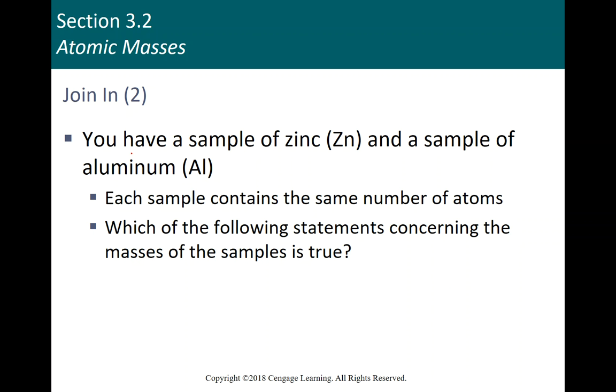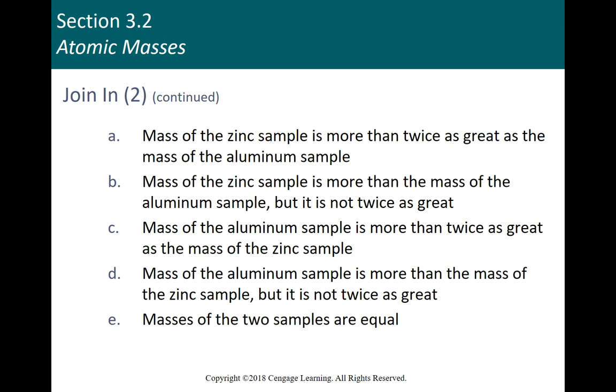So if I have the same number of atoms, because each atom of zinc has a mass quite greater than aluminum, then we know that there's going to be more mass there. So the mass of the zinc sample is more than twice. If aluminum was 27 and zinc was 65, 65 is more than twice.